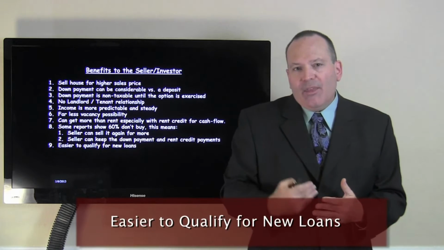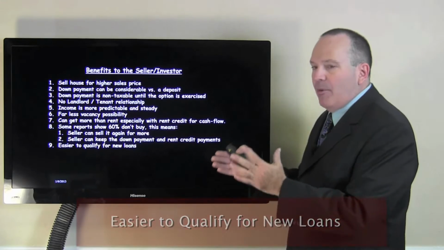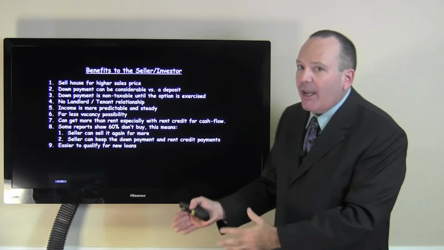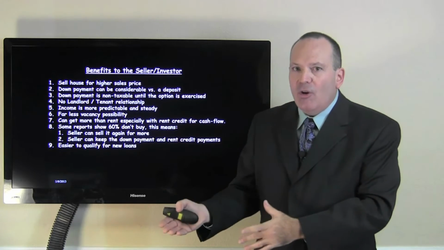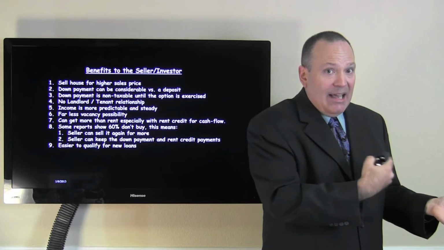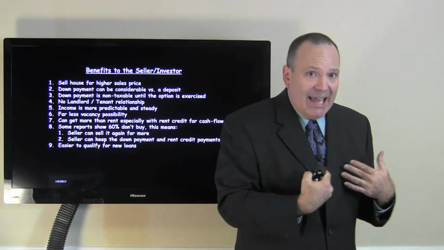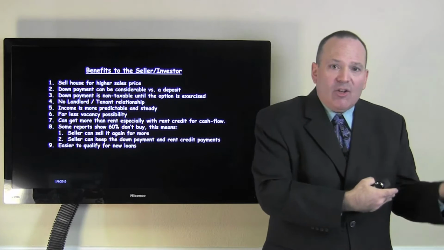Easier to qualify for new loans. One of the things you can get is a higher lease payment. Well, if I'm turning around as a seller and I'm going to go buy a house using a traditional mortgage, when I go through underwriting, the underwriter is going to look at the house that I just sold on a lease option. I haven't transferred title, so I'm still on title and the mortgage is still in my name. They see that on my credit report. They're going to say, okay, show me the rental agreement.